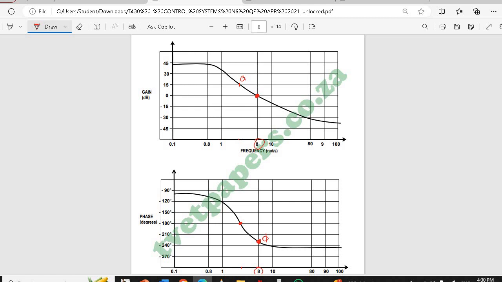So we can see the peak, this line looks straight, somewhere here anyway, where it looks like it's at the peak. But we can see the gain value never touches 45, that line never touches 45, so we can say 44 or 44 point something, or we can just say straight 44.